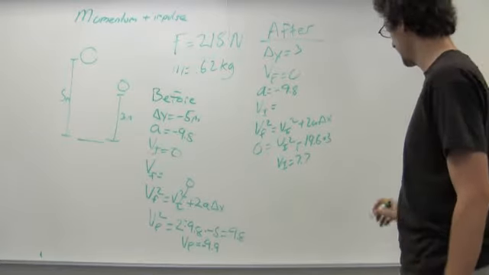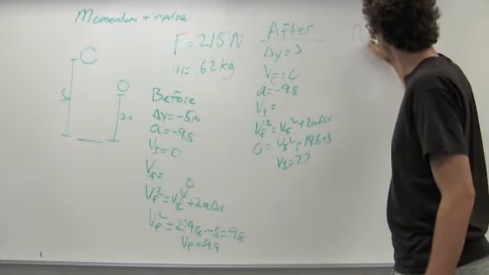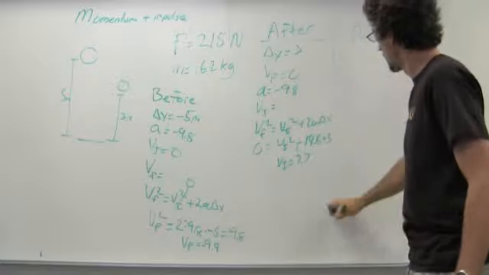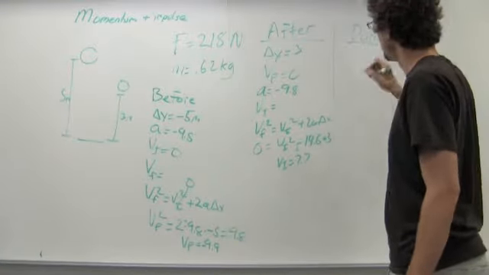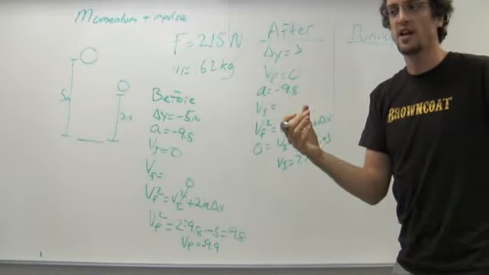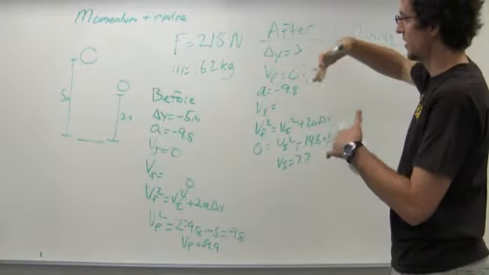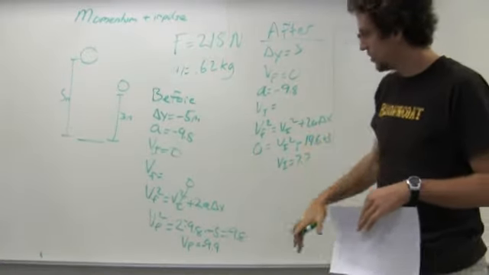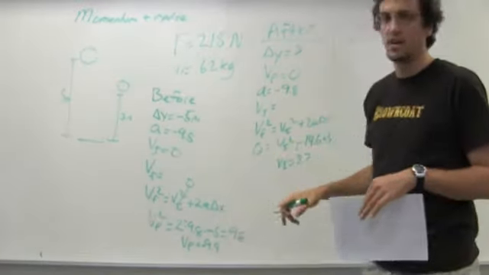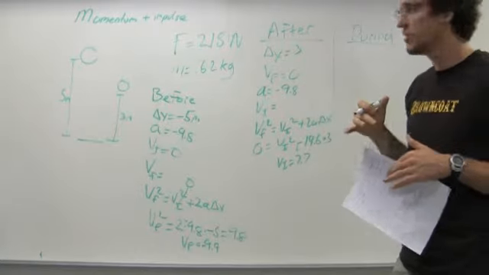What about our during? Well, during the thing, we have this kind of connection going on here. We've got the before leads to the during. So our final in the before is actually going to be our initial for the during.